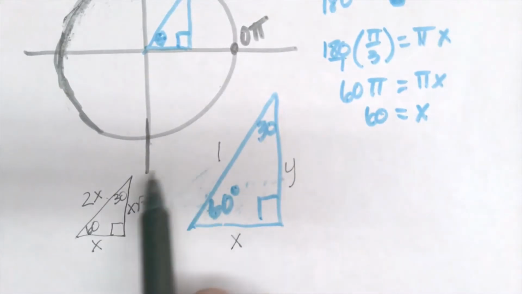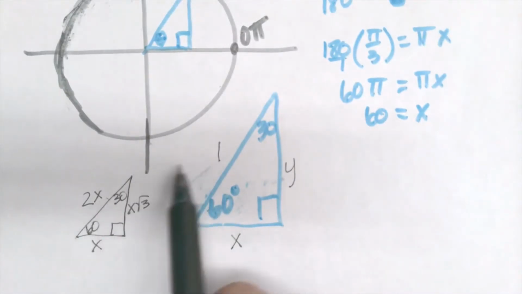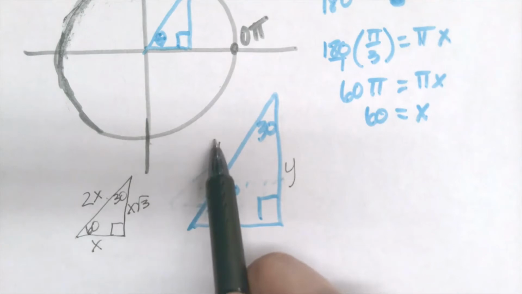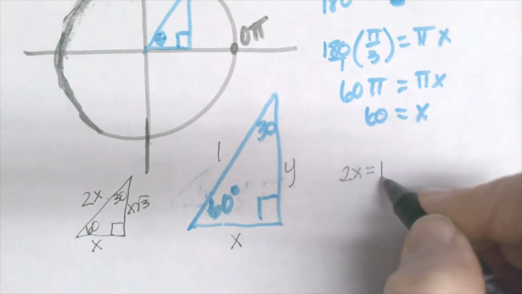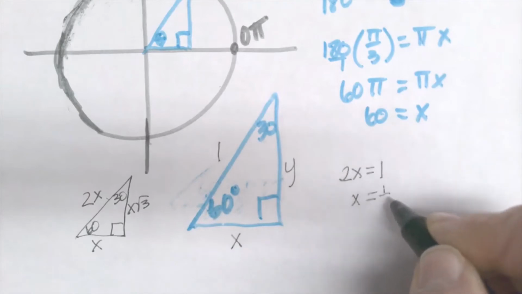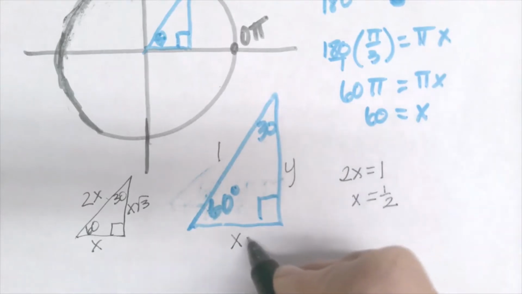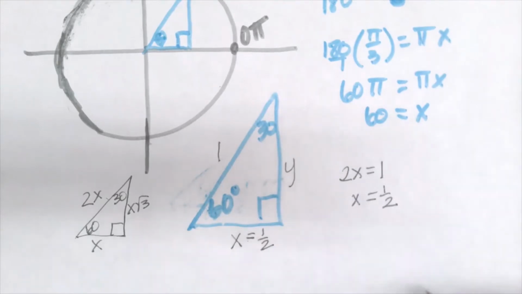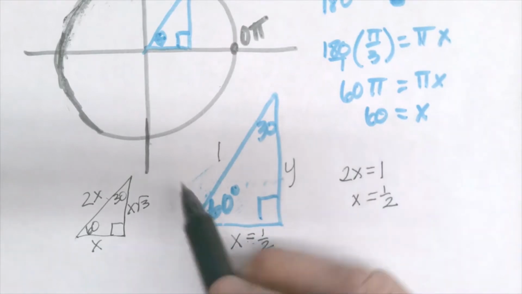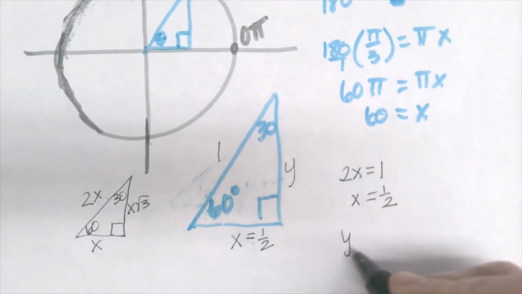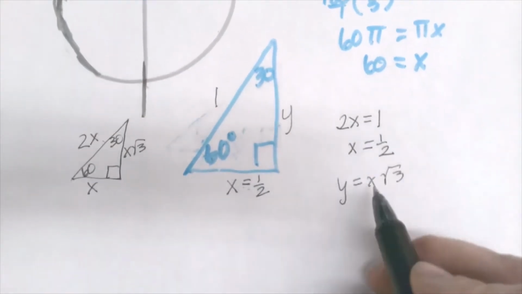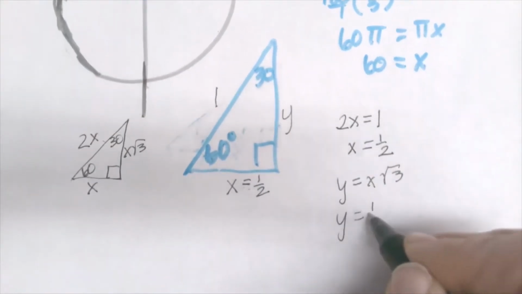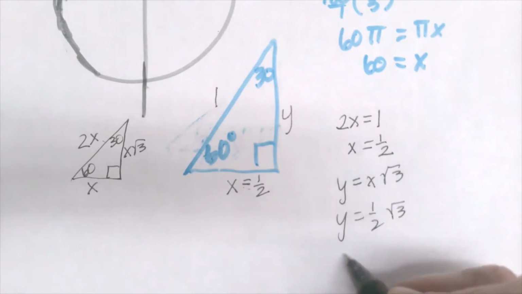So what I can do here is make this connection. I can say that 2x equals 1, therefore x is 1/2. So I know my x coordinate is 1/2, and then my y is x times the square root of 3, and if x is 1/2, my y is 1/2 times the square root of 3, or I'd write that as the square root of 3 over 2.